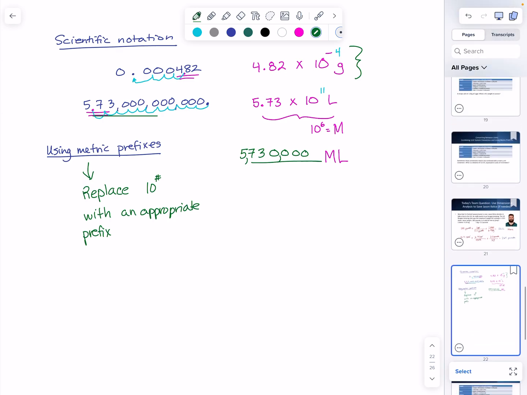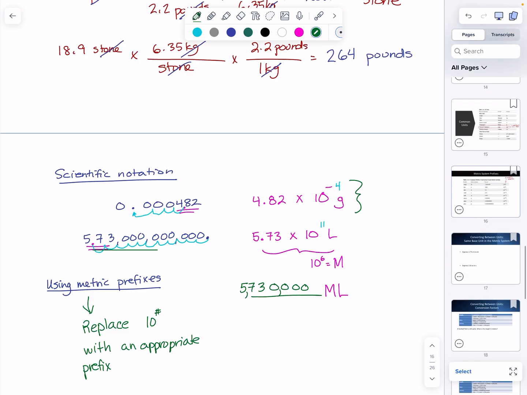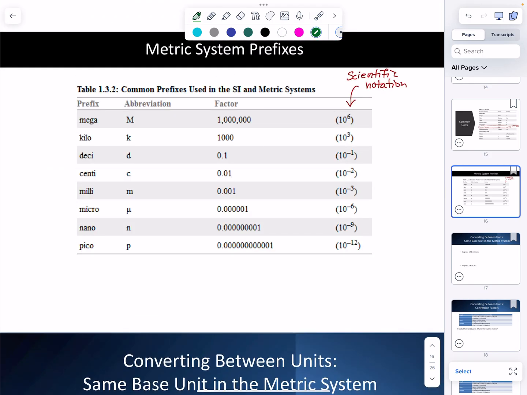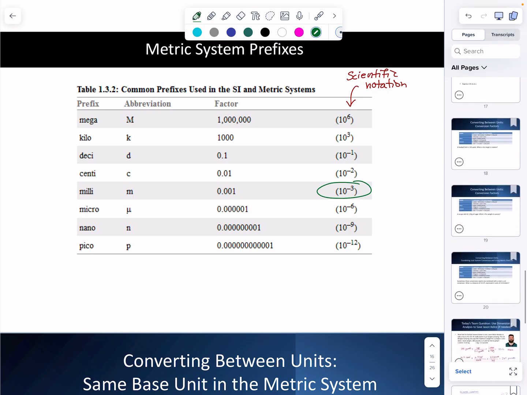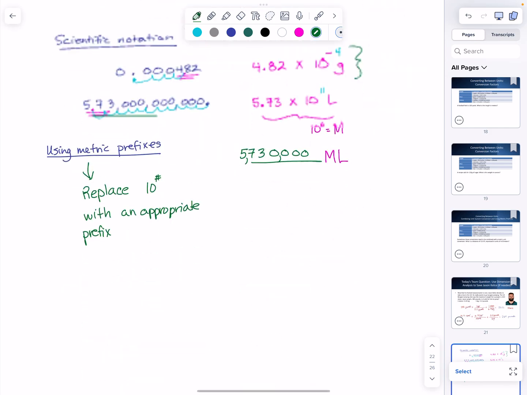So if we go back to our table, we've got a prefix that is close, right? We have 10 to the minus 3, and that's milli. All right, so if we go back here, and we want to express this in milligrams, which is times 10 to the minus 3 grams, okay?